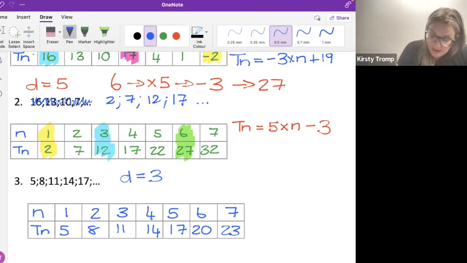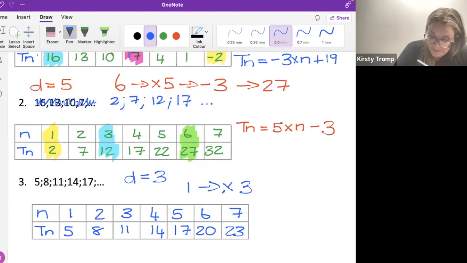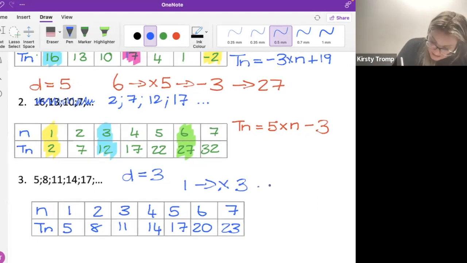Okay, so Grace found the difference for me. It was 3. So if I take my first number, I'm going to use number 1 to try first. I know that first I must times by my difference. So my difference is 3, times 1. And then I must add something, and that will give me my term.